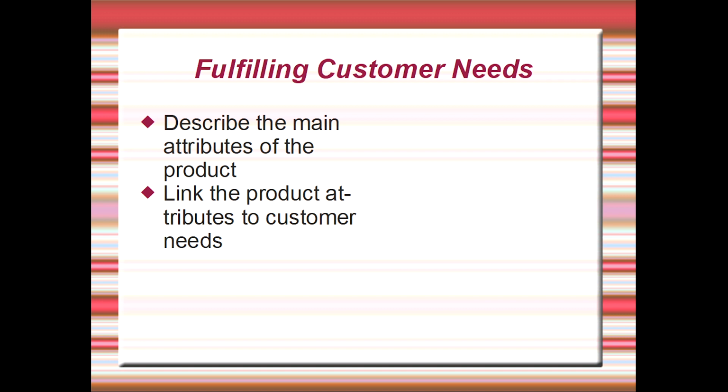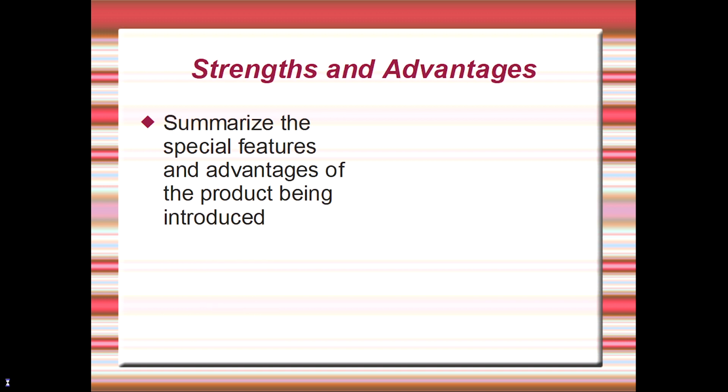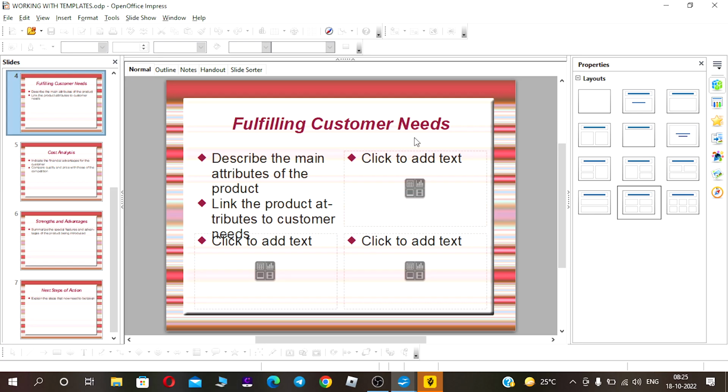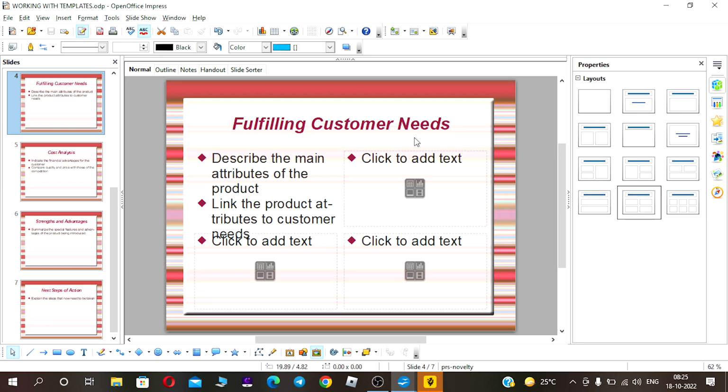Describe the main attributes of the product, link the product attribute to the customer need. Now cost analysis, strength and advantages, next steps of action, explain the step now we need. Okay, and click exit to go to the exit.